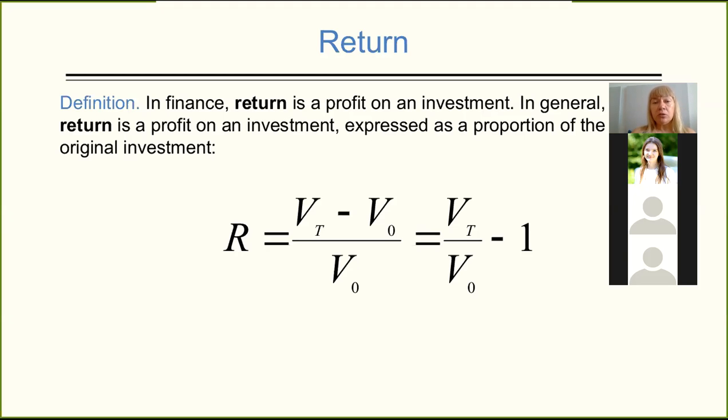In finance, a return is a profit on investment, but expressed as a proportion of the original investment. You understand that it is different, because, for example, my initial investment was $10, but at the end of the period I get $50.